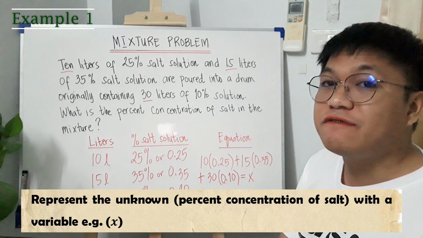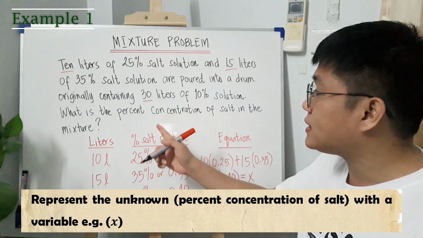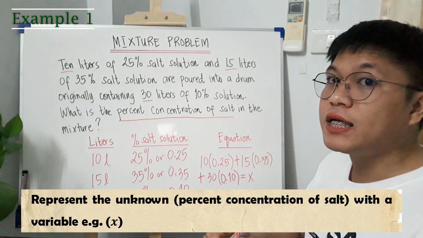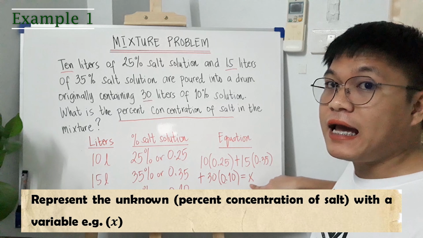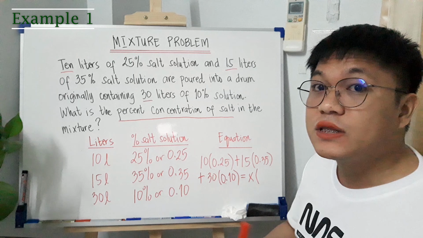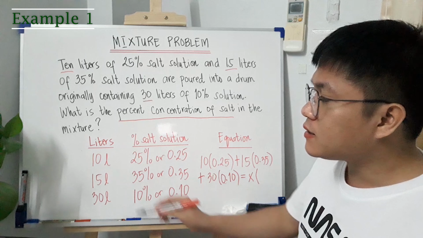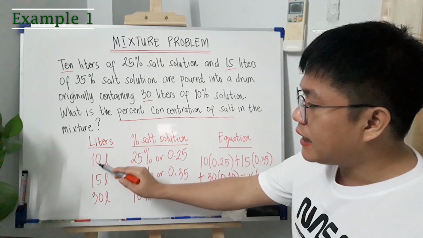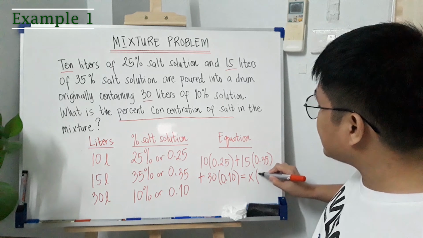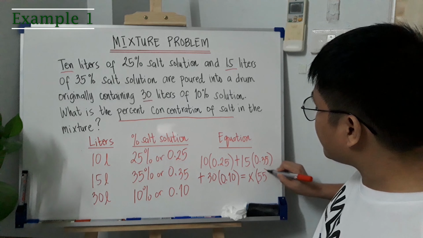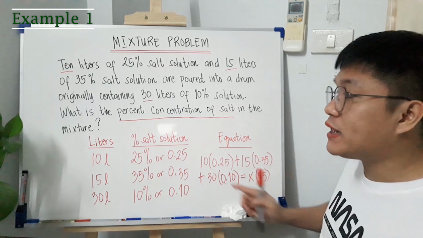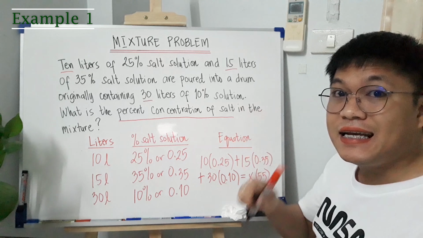That is what we are looking for, the percent concentration of salt in the mixture. And then this x will be multiplied by the total number of liters. The total number of liters here is 10 plus 15 plus 30, that is 55. So that is x times 55.